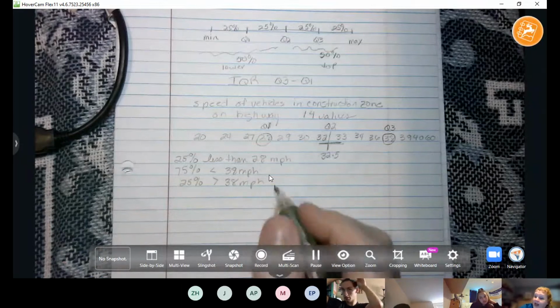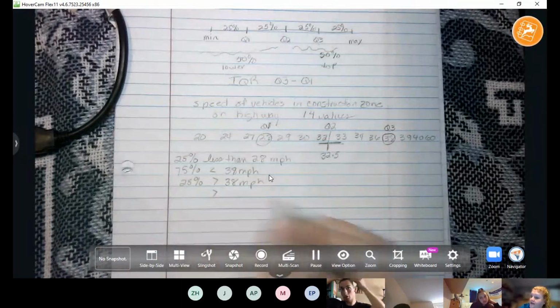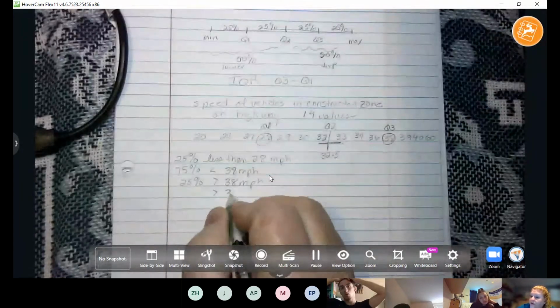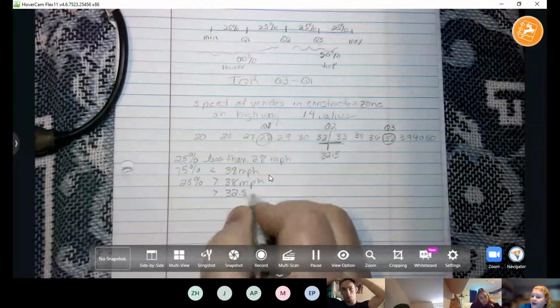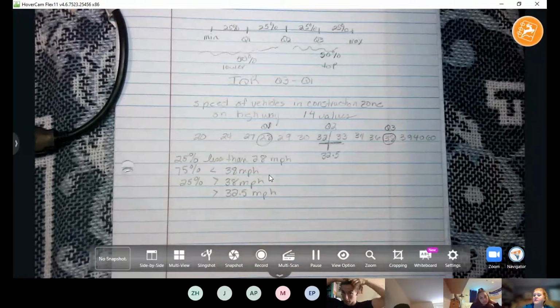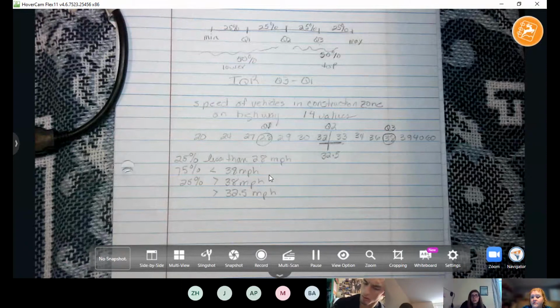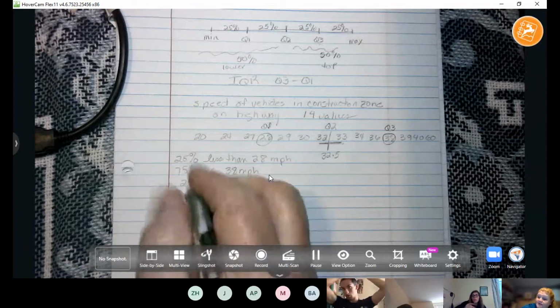Okay, suppose I had greater than 32.5 miles per hour. What would you say about the percentage there? That would be what? That would be 50%.